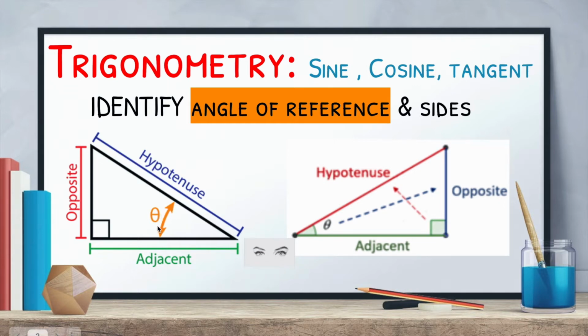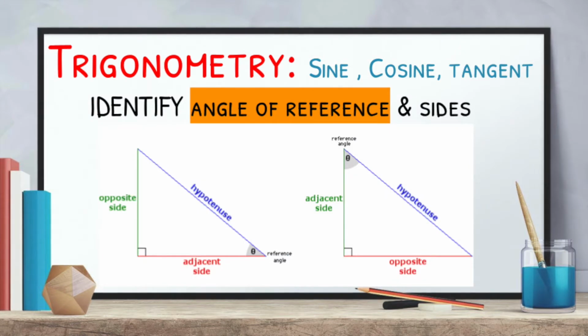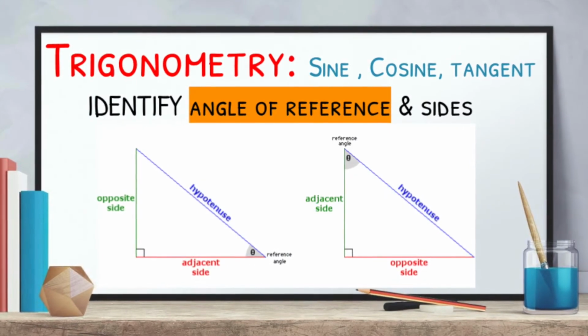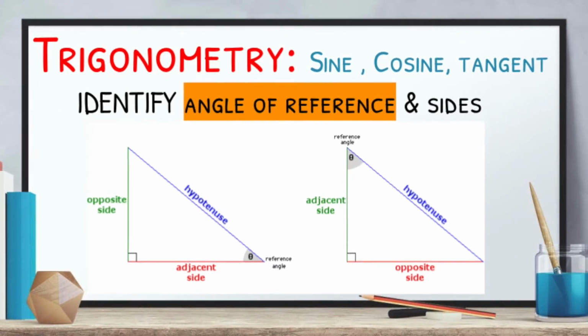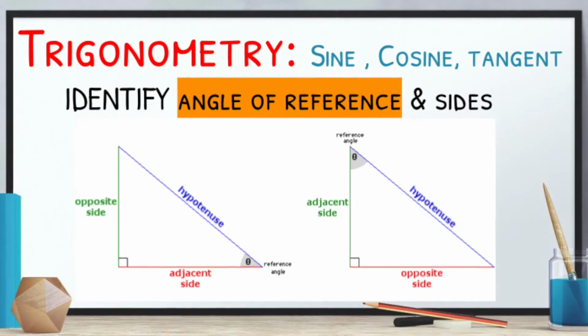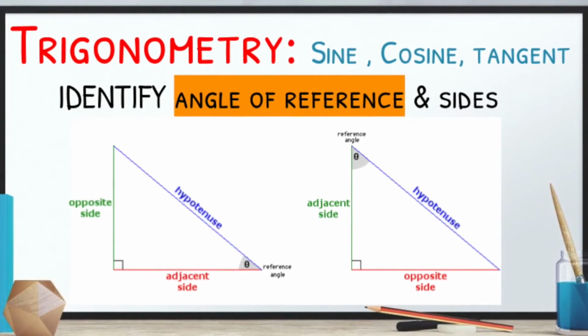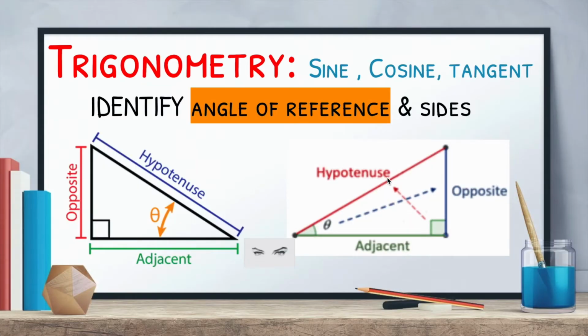This is the theta, a Greek letter that we use a lot in this lesson for trigonometry. When the theta angle changes, you will see that the adjacent and the opposite sides change. Opposite and adjacent sides switch, depending on where you're looking from for the angle of reference. Hypotenuse side is the only side that doesn't change in a right triangle.